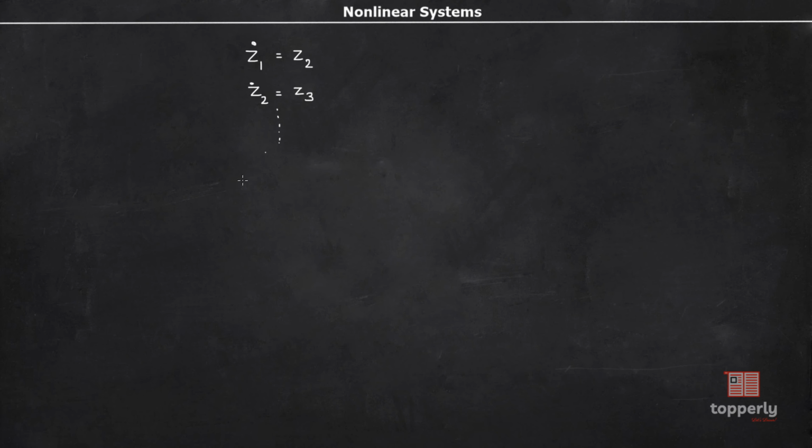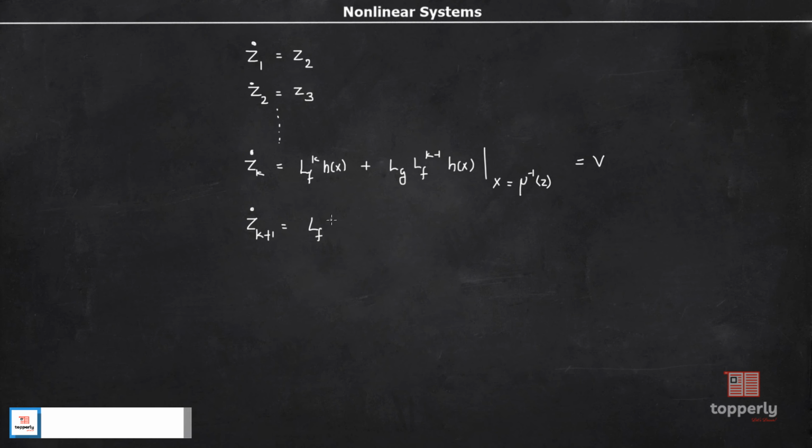etc. to Zk dot is equal to L_f^k h of x plus L_g L_f^{k−1} h of x, where x is equal to mu inverse of z, is equal to v, and Z_{k+1} dot is equal to L_f psi_1 of x, where x is equal to mu inverse of z.